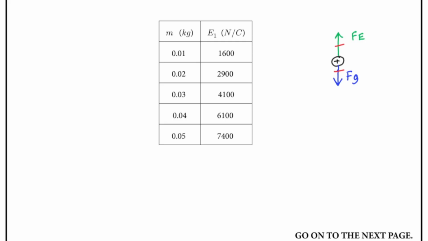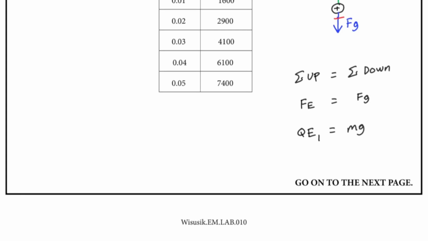This tells us that the up forces are equal to the down forces. So my electric force is equal to my gravitational force. We're given the E field, so we should write QE, because we don't know that the thing causing the E field is a point charge. So QE is equal to mg. This gives us something we can look at to try to graph.